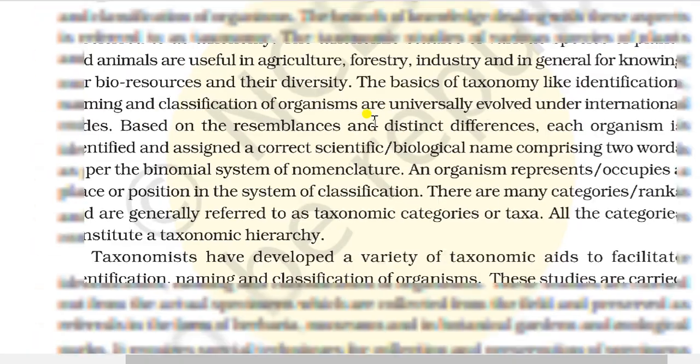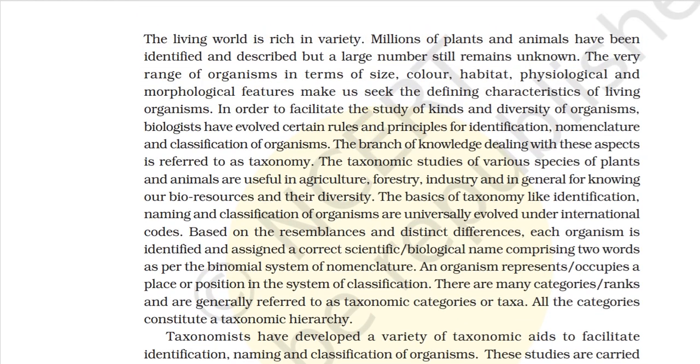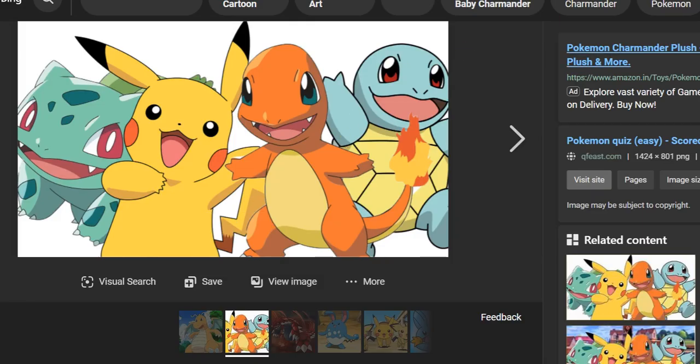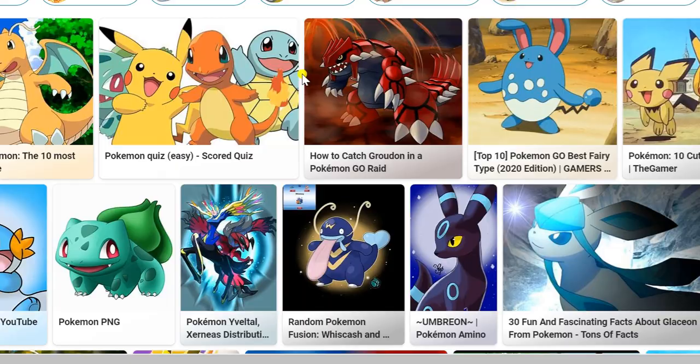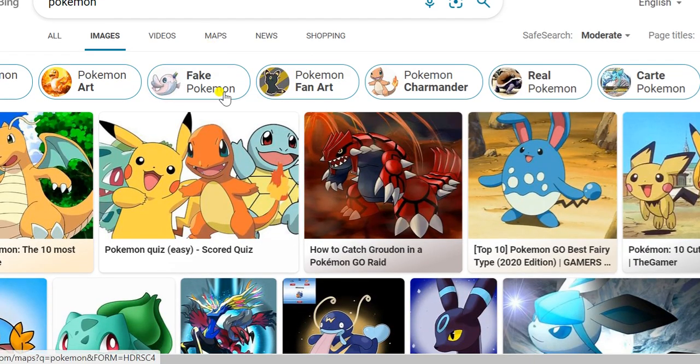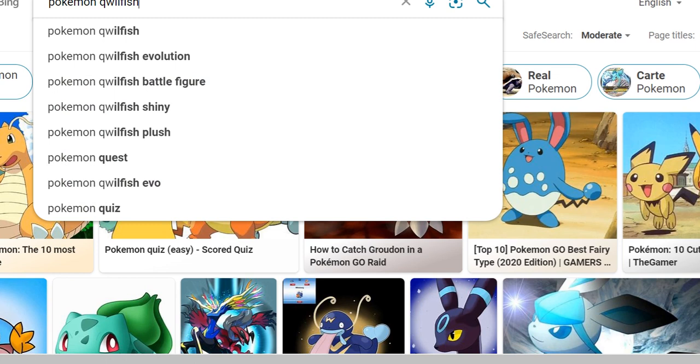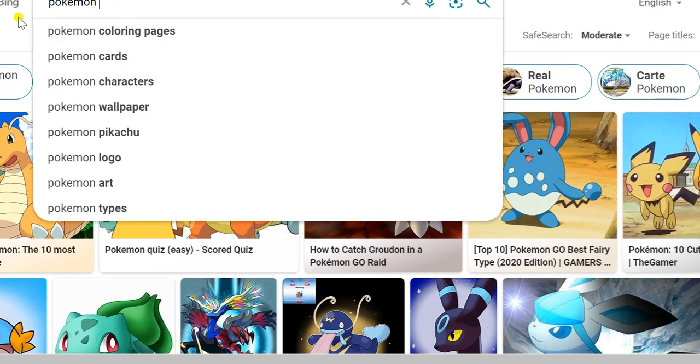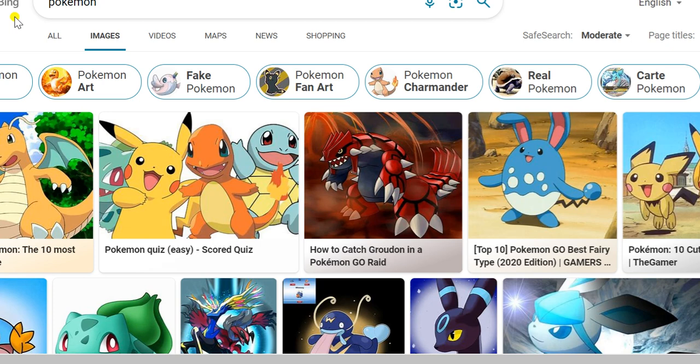So that is why what we do is we take all of these Pokemon and we make them into types. We characterize them because it is easy. Anything we do in science is to make things easy, right?